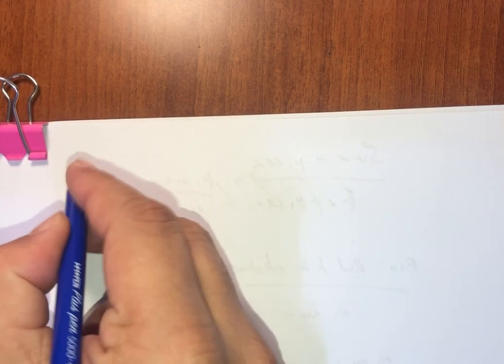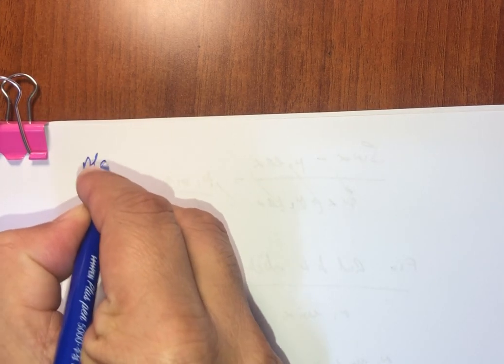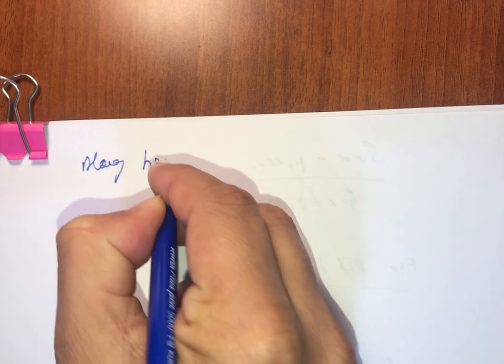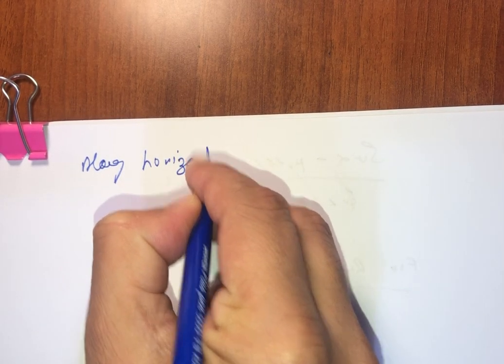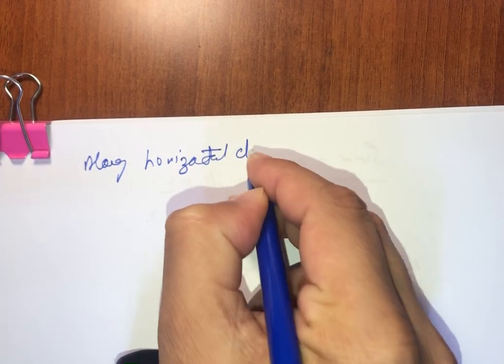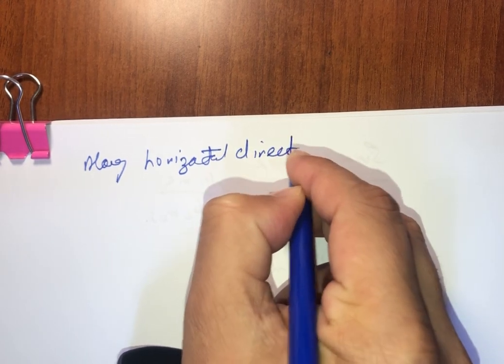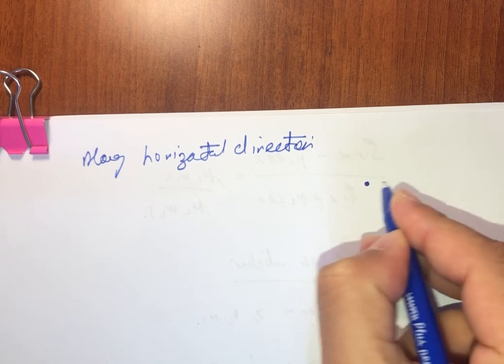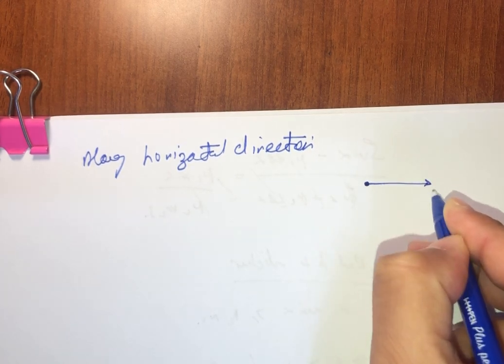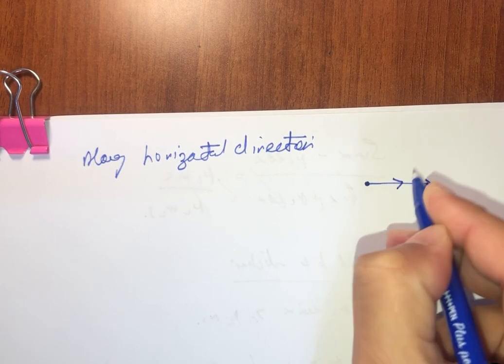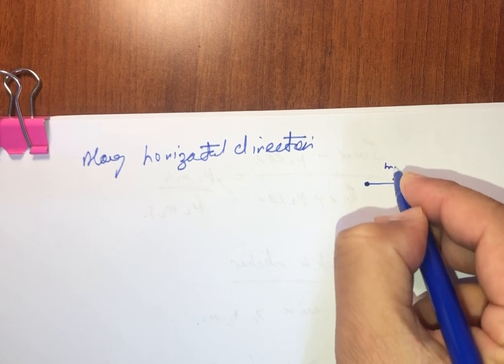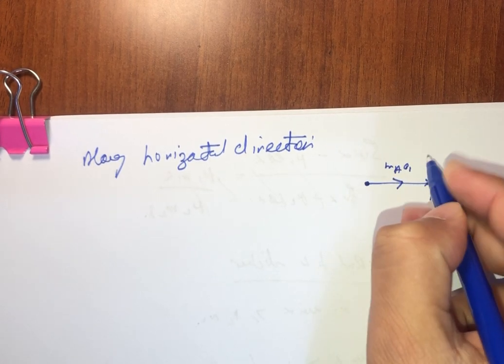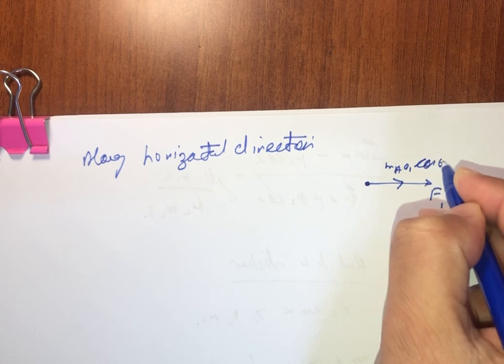And we also know that along the horizontal direction we have a force F1, and we have also M_A A1 cos of 65.